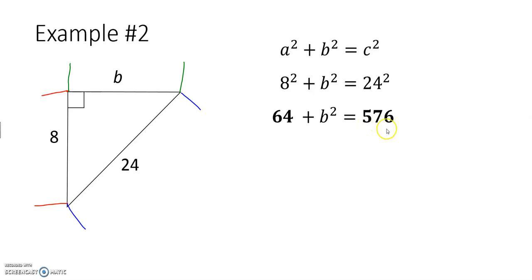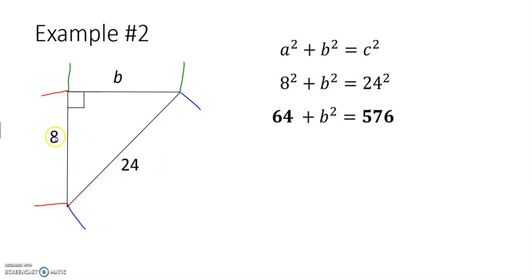So now this is where this is going to work a little bit differently. So remember, we know this area is 64. And we know that when we add the area of this square plus the area of B squared, we get the area of this one over here. So we're not going to be adding these two together because this is already going to be the biggest square.